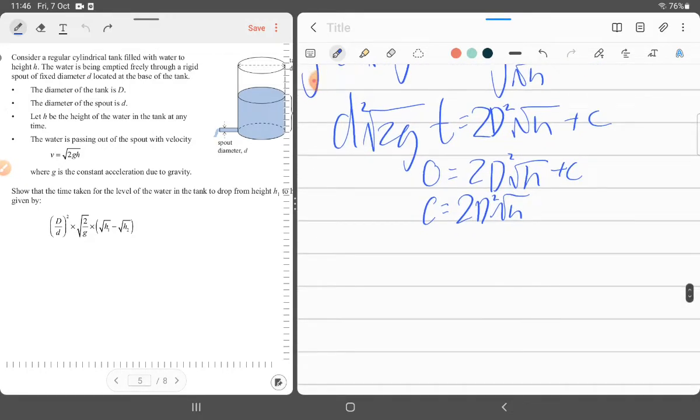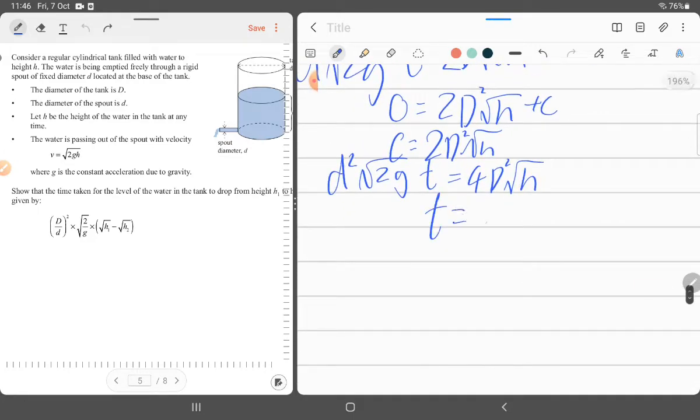Actually, wait, I think I'm getting close, since D squared square root of 2G t is equal to 4D squared square root of H. Then time is equal to 4D squared square root of H over D squared square root of 2G.